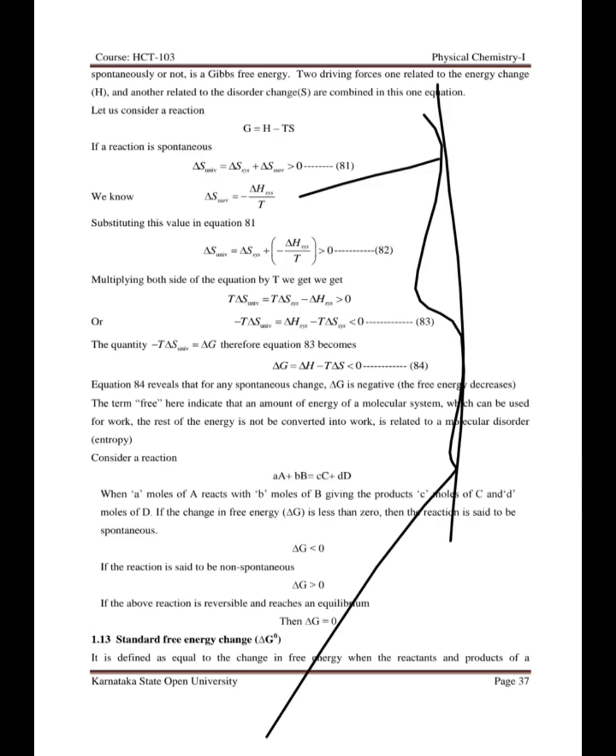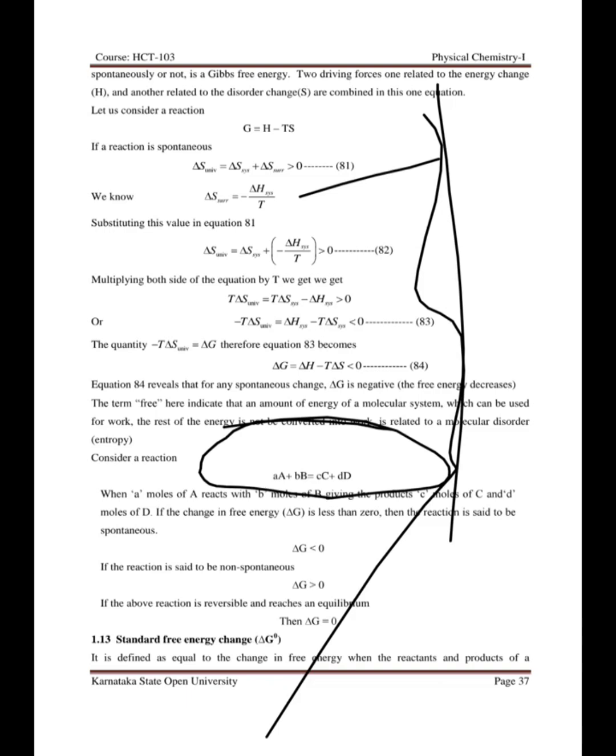So next, we are going to take one more reaction where a moles of A reactant plus b moles of B reactant form the product c moles of C product and d moles of D product.